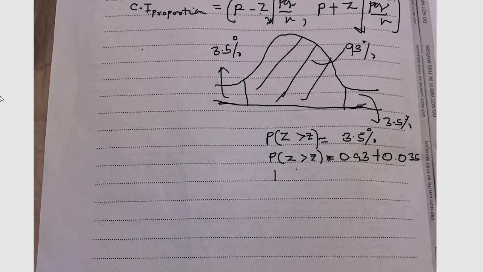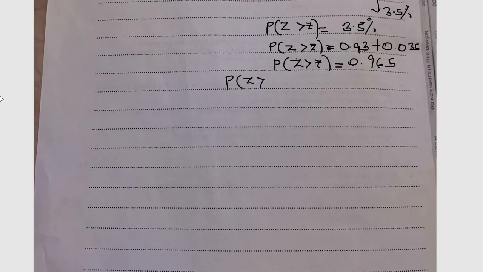So probability of Z less than a particular Z will be 0.965, and probability of Z less than the particular Z is the same thing as phi of Z, which is equal to 0.965. So Z is inverse of 0.965.